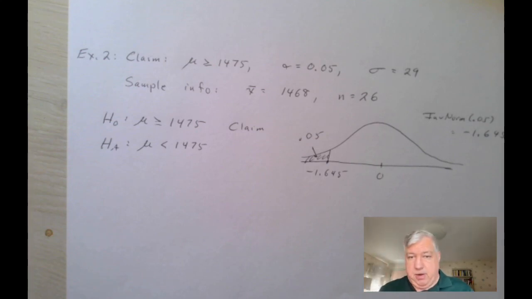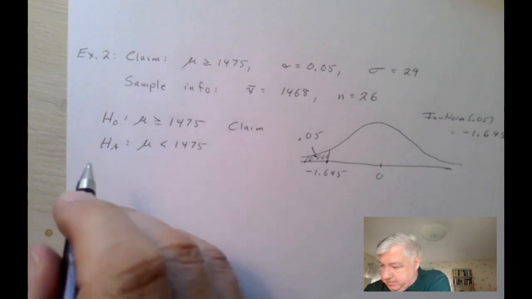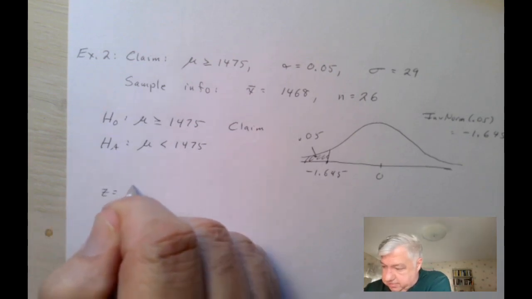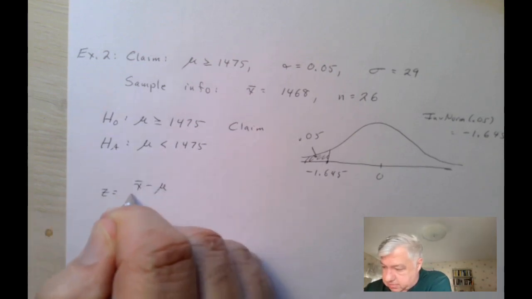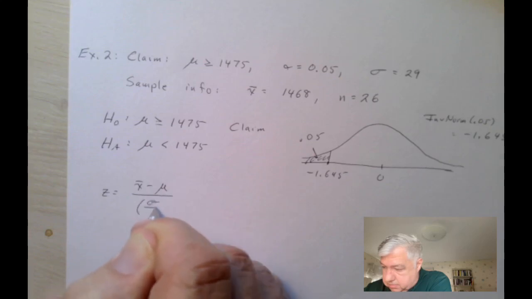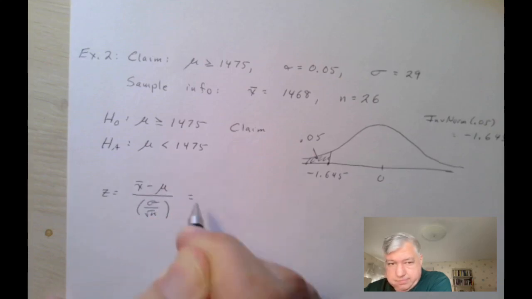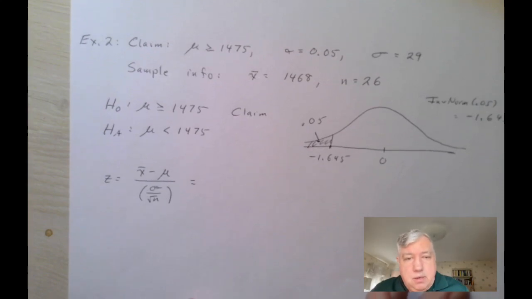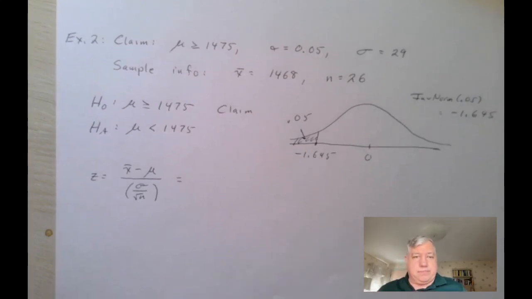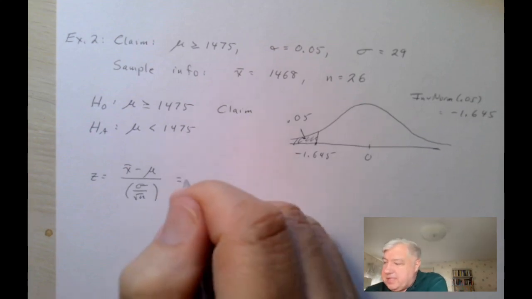Okay, next we can do our test statistic. Now we will go ahead and plug stuff in. X bar we know is 1468.